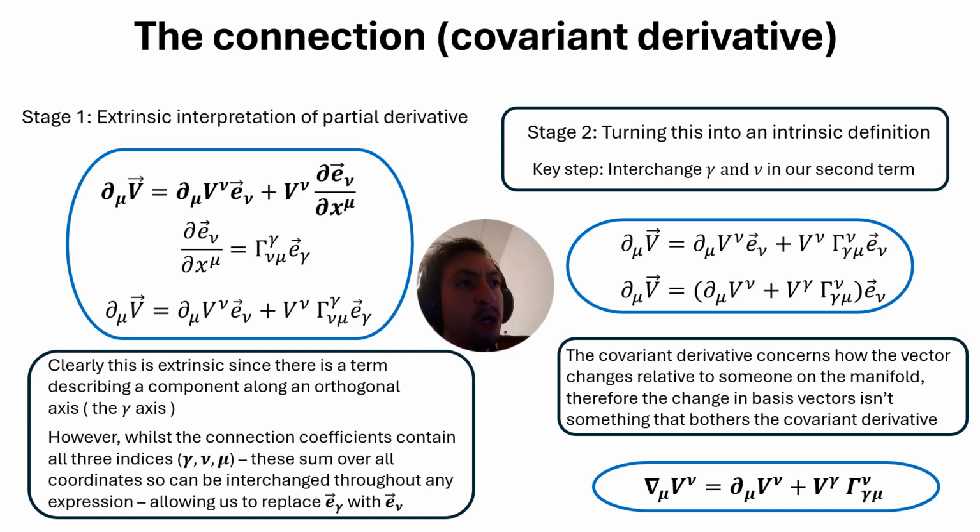Well, we recall that the connection coefficients, as you can see in the left-hand blue box on the screen, in the middle, relate basis vectors to each other. The metric is about the inner product between basis vectors. So there should be a way to express the connection coefficients in terms of the metric, or the metric in terms of the connection coefficients.